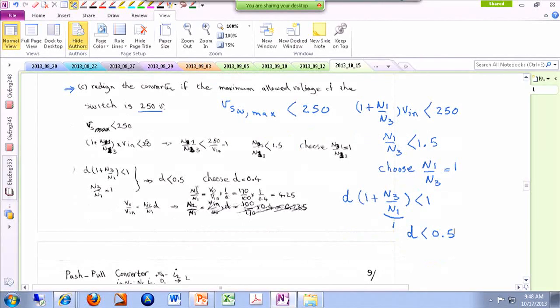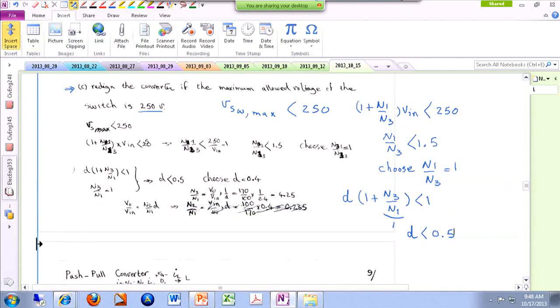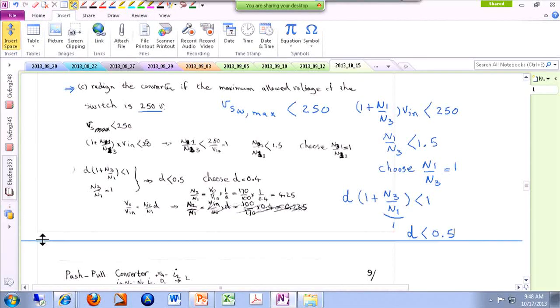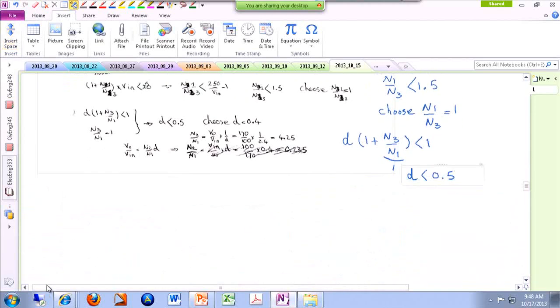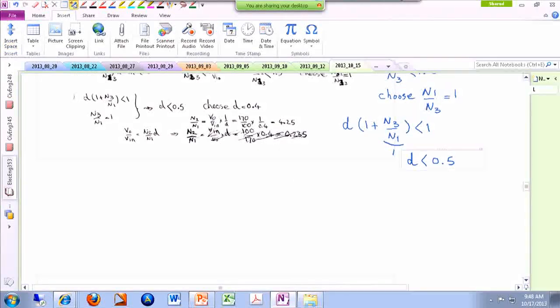All right, so you choose the duty cycle to be 0.4.